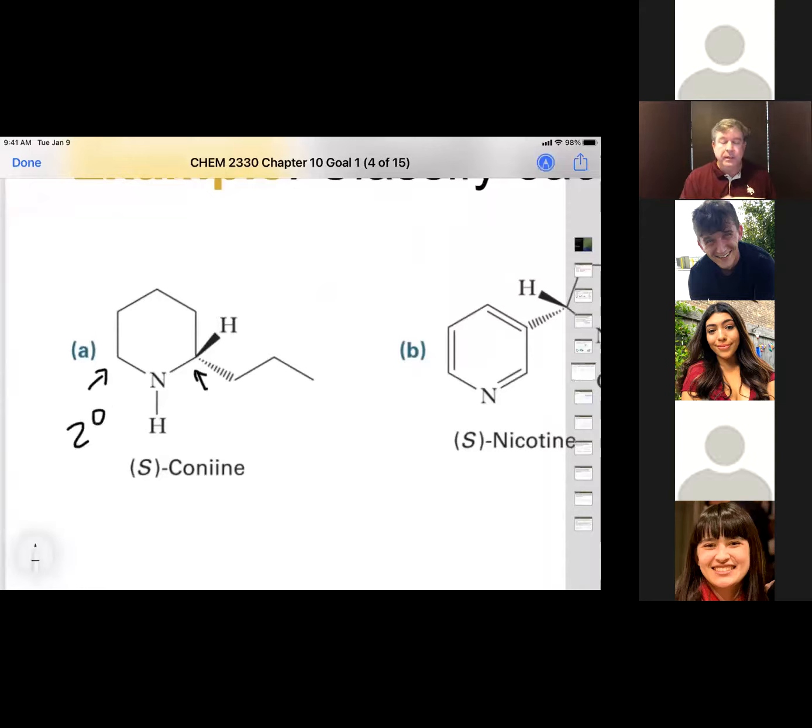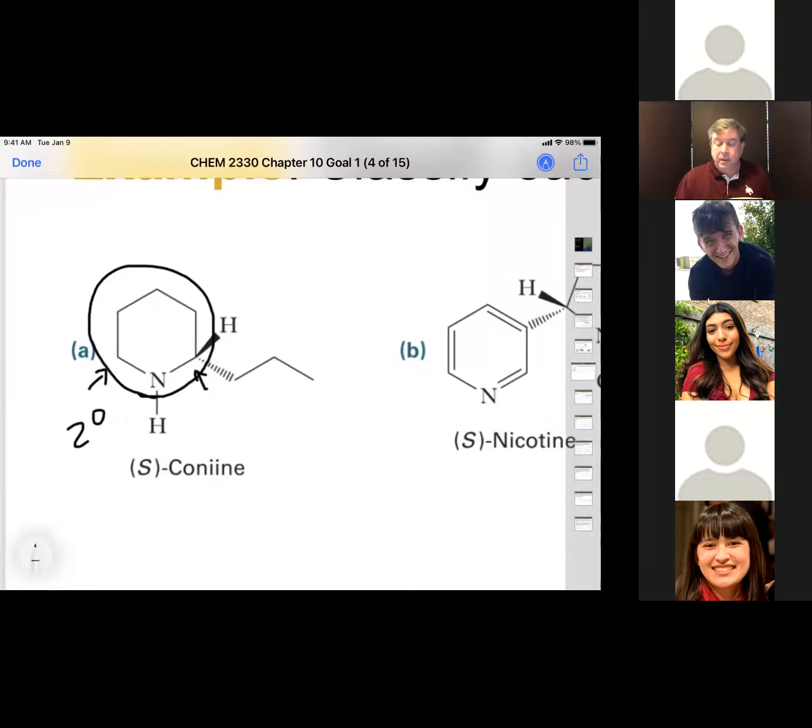Is it an aromatic amine or a heterocyclic aromatic amine? I don't see any aromatic rings attached to the nitrogen, so it's not one of those. However, it is a ring. So we're going to call this a heterocyclic secondary amine. We have a cycle with nitrogen in it, and it's secondary.